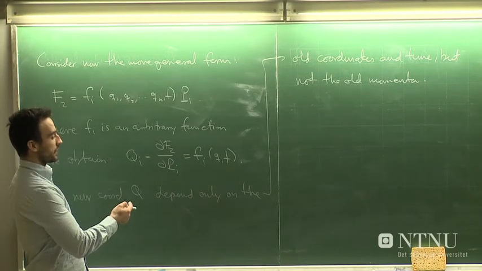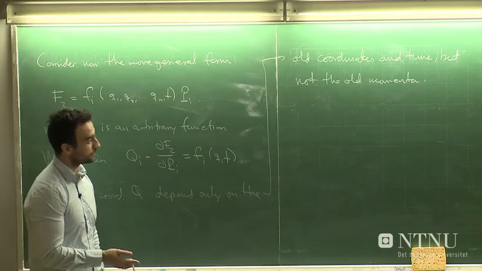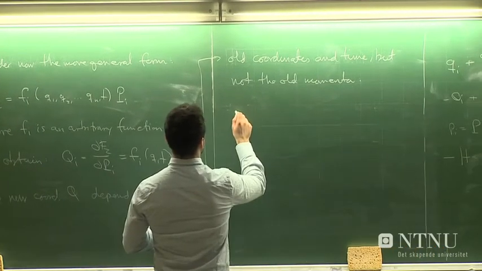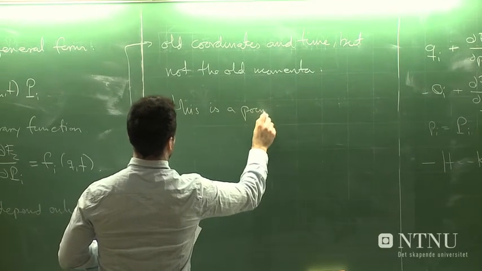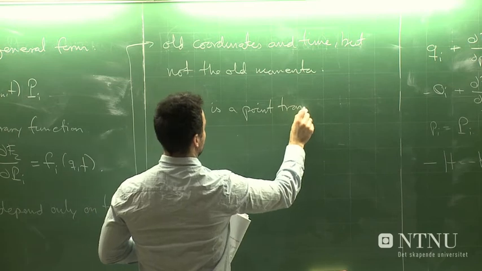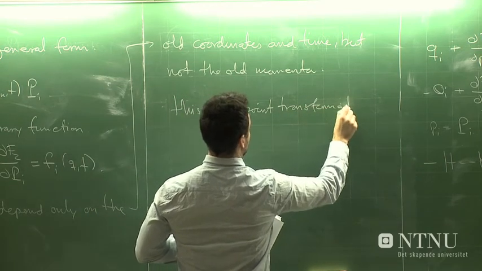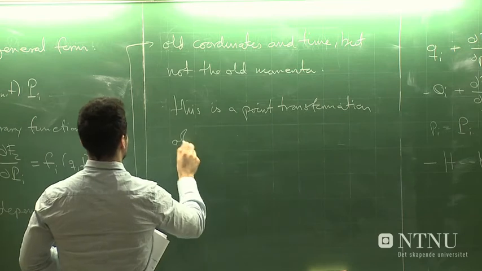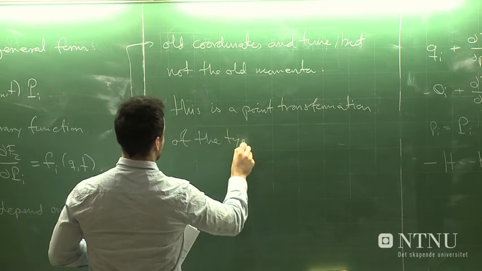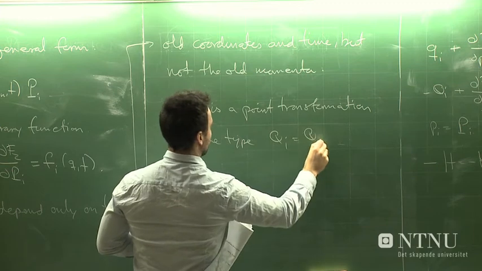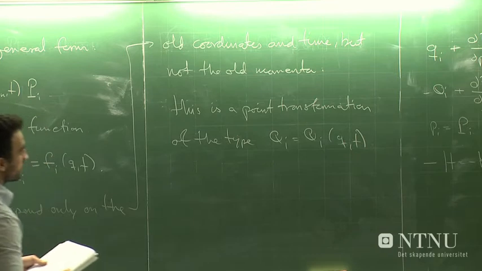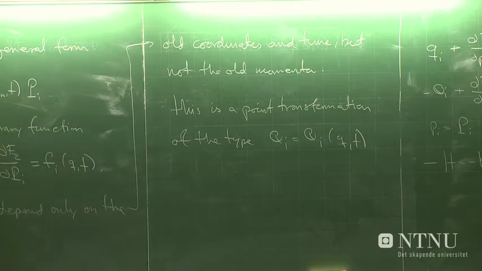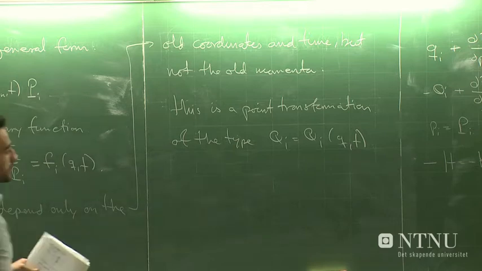This corresponds to, for instance, going from Cartesian to polar coordinates. So put differently, a point transformation is a special case of a canonical transformation.